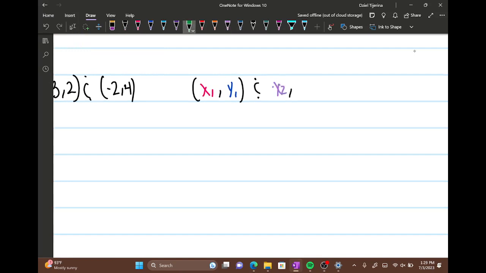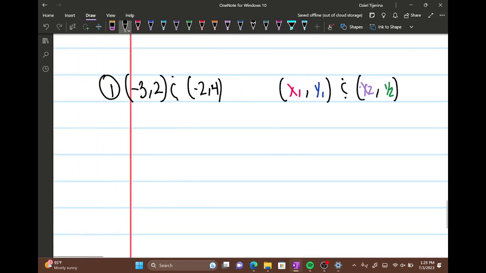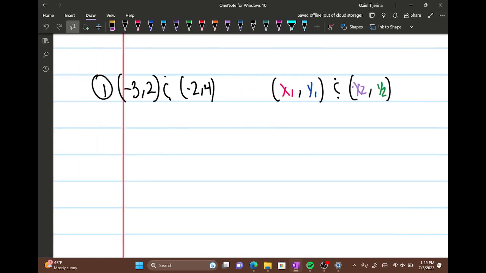It really doesn't matter what I make x1, y1 equal to or x2, y2 equal to. I can say, for example, and I'm going to do this here, that -3 is x2 and 2 is y2, right? And I can say that the other one, -2 comma 4, is my x1, y1. We're going to go ahead and do that.